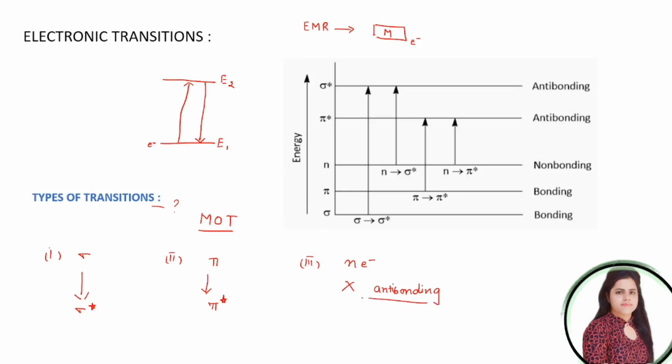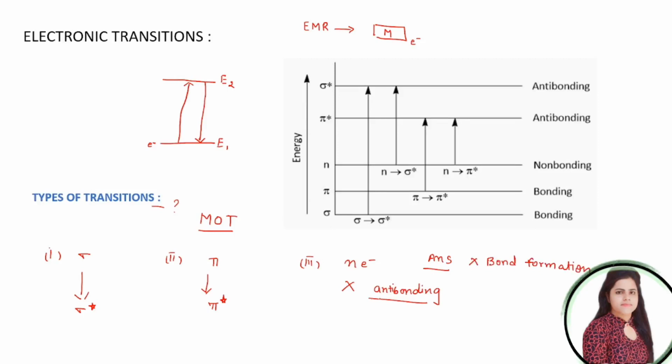Now the question is, why don't non-bonding molecular orbitals or non-bonding electrons have anti-bonding? The reason is that non-bonding electrons don't participate in bond formation. They are not forming any bond.